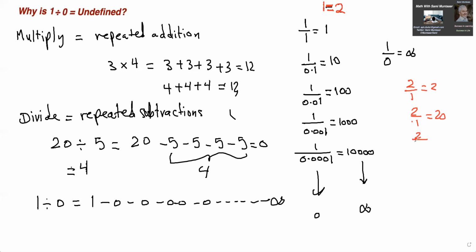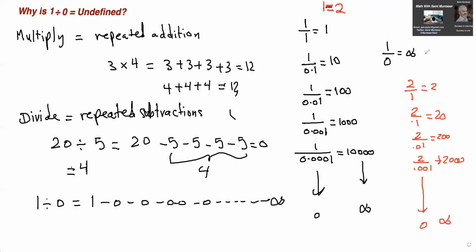And 2 divided by 0.01, we're going to get 200. And 2 divided by 0.001, we're going to get 2000. So you know where this is going? As we get closer to 0, this is also going to infinity.